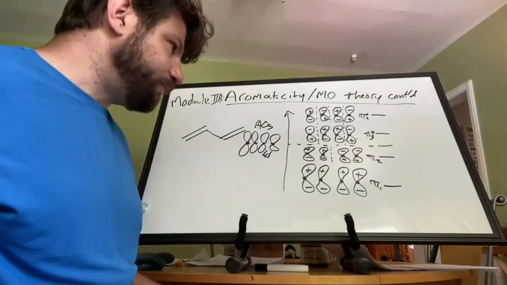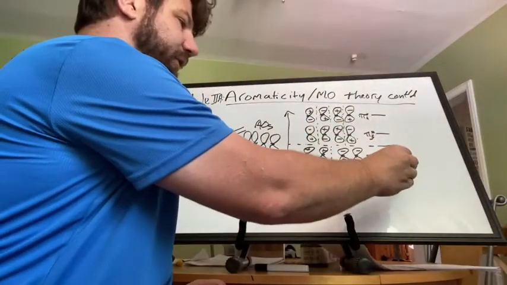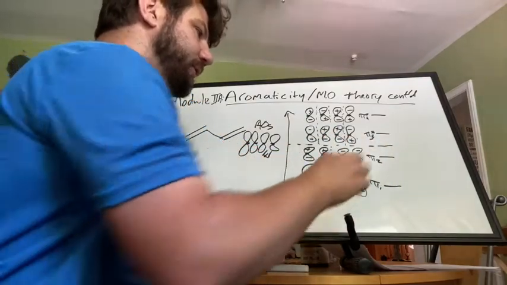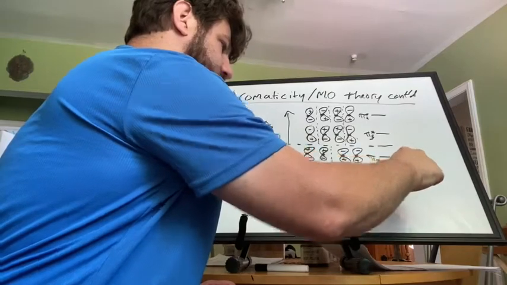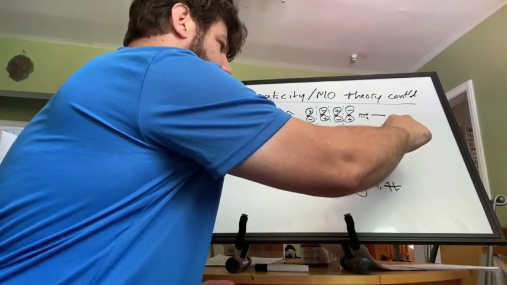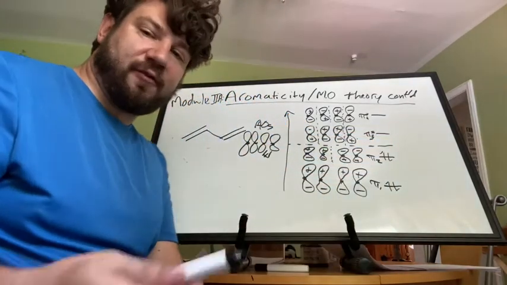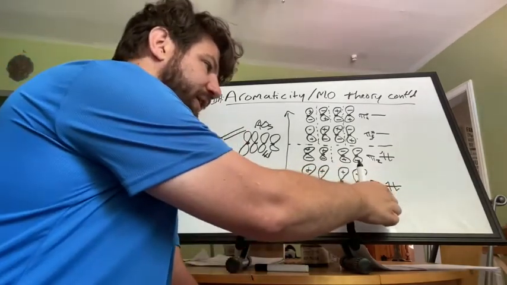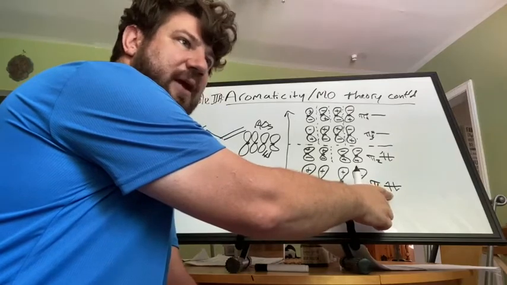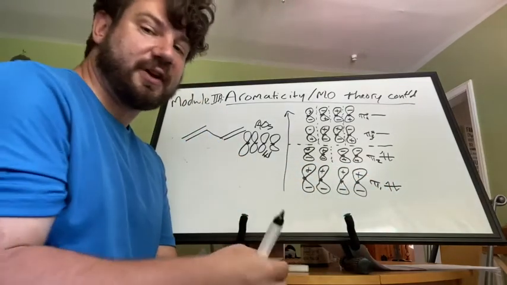Well, remember that there can only be 2 electrons that can occupy a particular orbital, right? So if we were to take butadiene, and again, that's going to be 4 total electrons, right? One's going to have to be going in the direction of the magnetic field, one's going to be opposing.